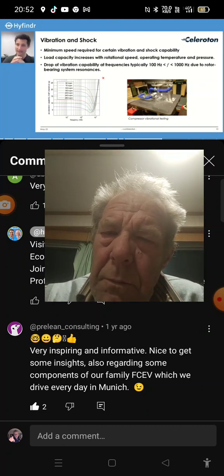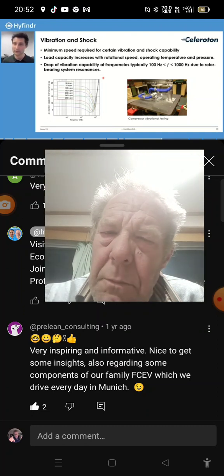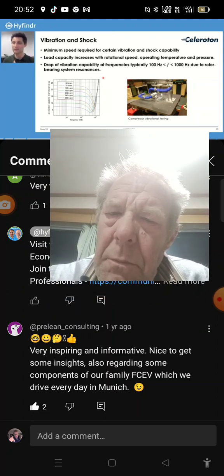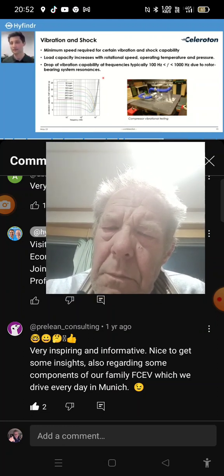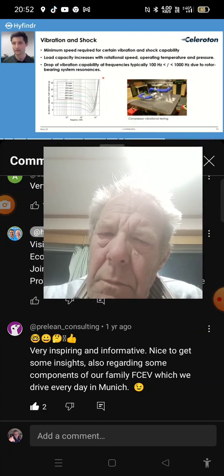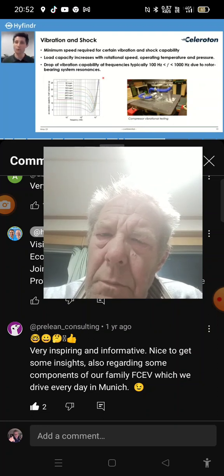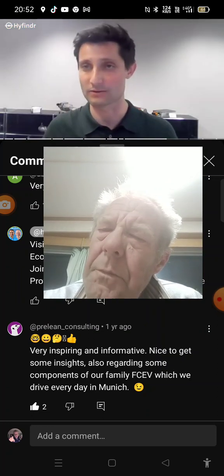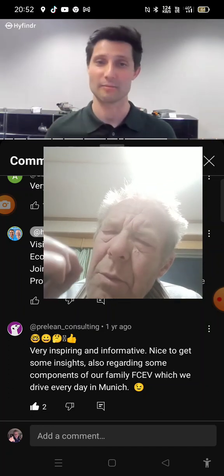By rotation, we have this gas film where the journal is floating, and once we have a vibration or shock, so it's essentially a displacement, on one side we decrease the gap of this gas film, which increases the stiffness of the gas film, thereby exerting a force on the journal in the opposite direction, which means there is always a force acting to center the journal when we have an external force acting, such as a vibration or shock.